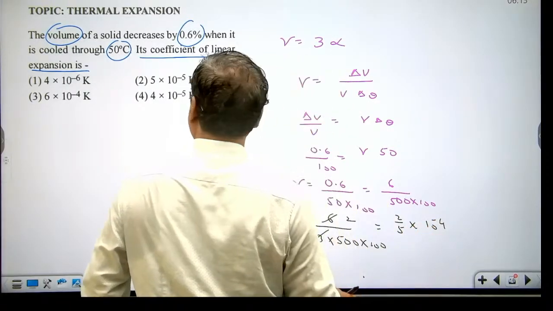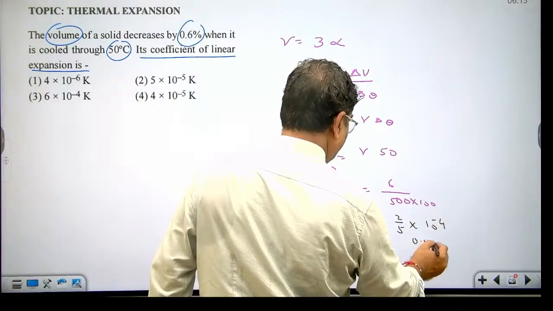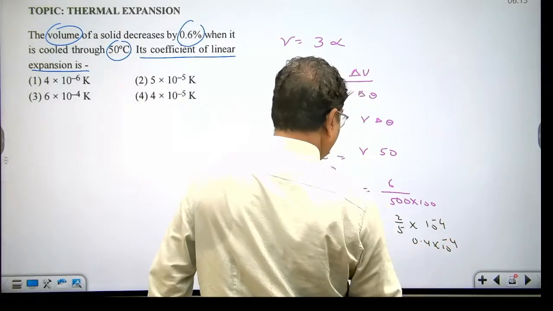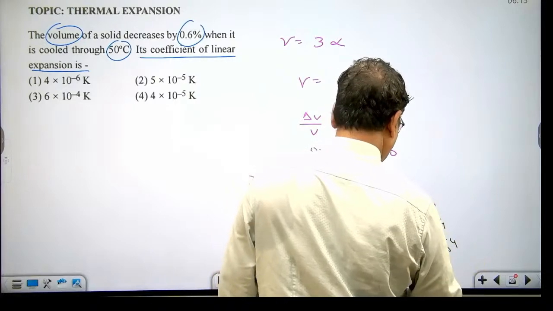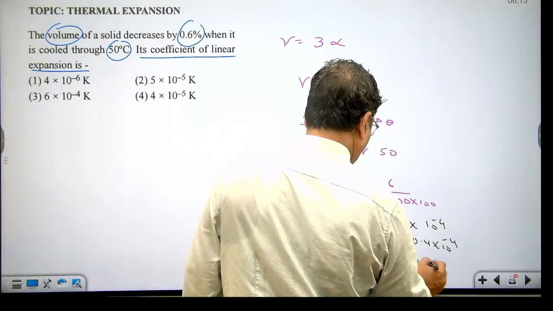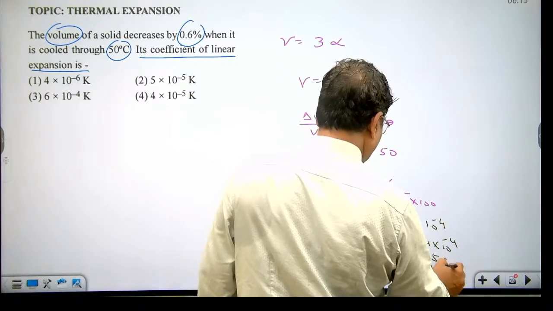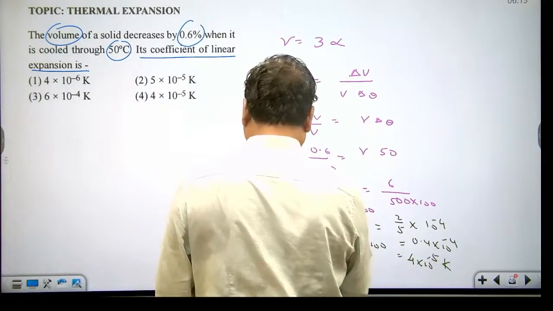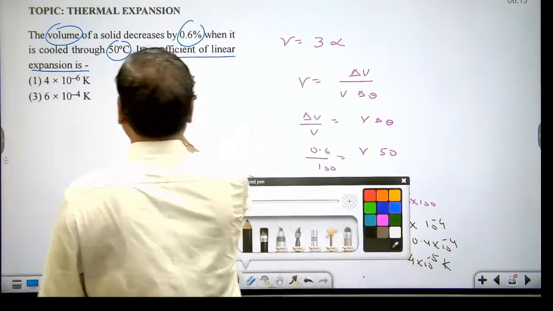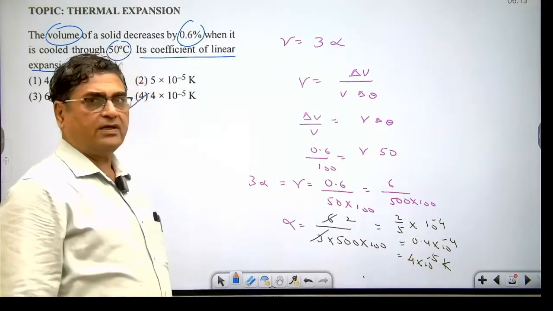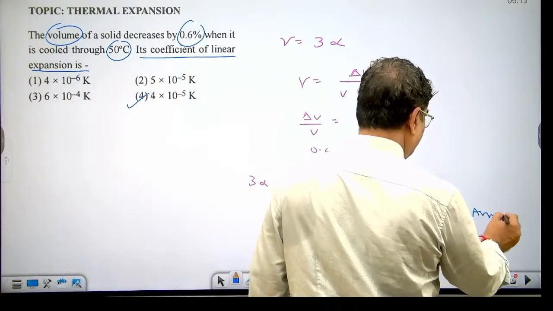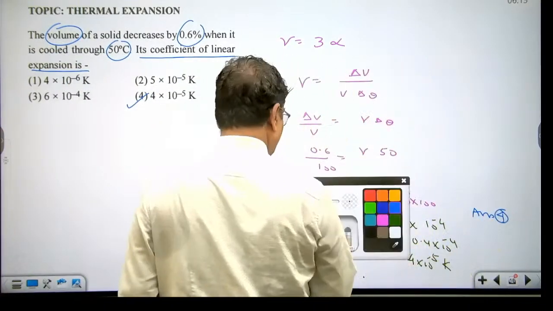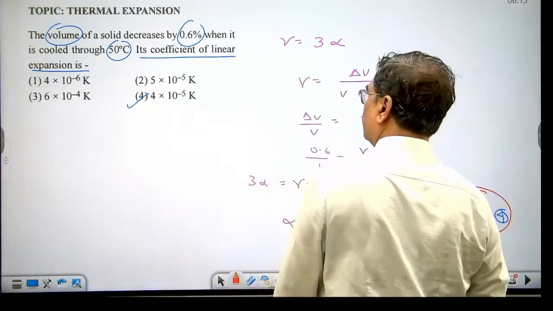So this will become 0.4 into 10 power minus 4, that is 4 into 10 power minus 5 per Kelvin. So out of 4 choices, the correct choice is option 4. Option 4 is the correct answer.